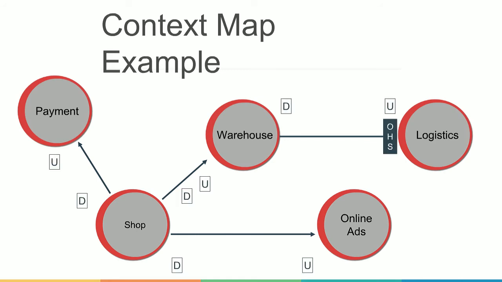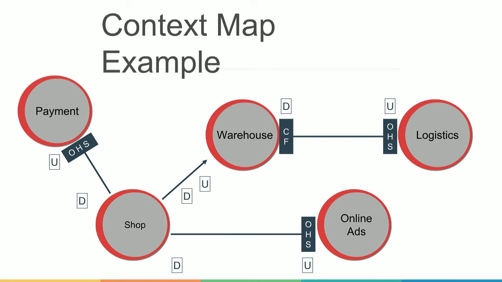Now, when you want to get started with a context map, the first thing that I would do is identify upstream, downstream relations. And then I would look for open host services. So obviously we find dedicated interfaces on the payment side, on the logistics side, and also on the online ads side. The next thing, I look at how these interfaces are being handled on the downstream side.